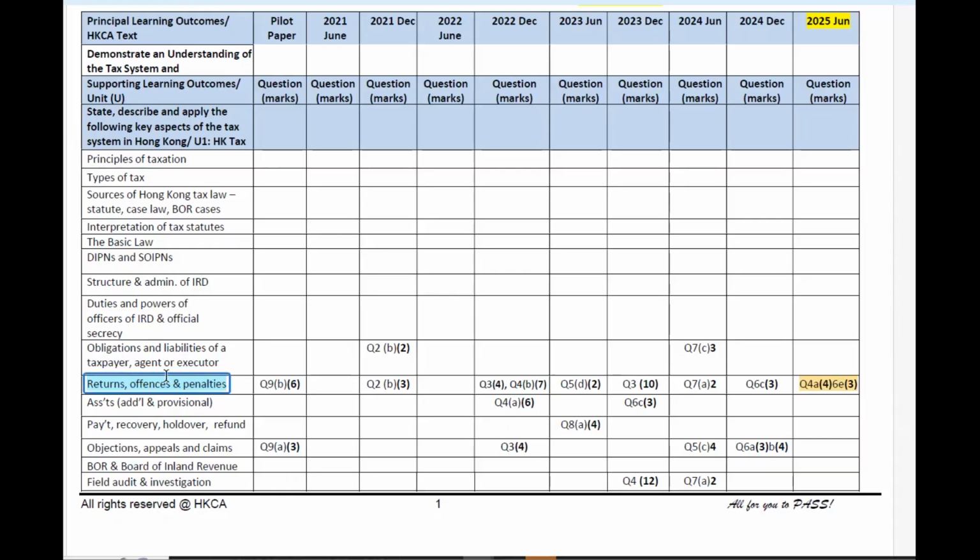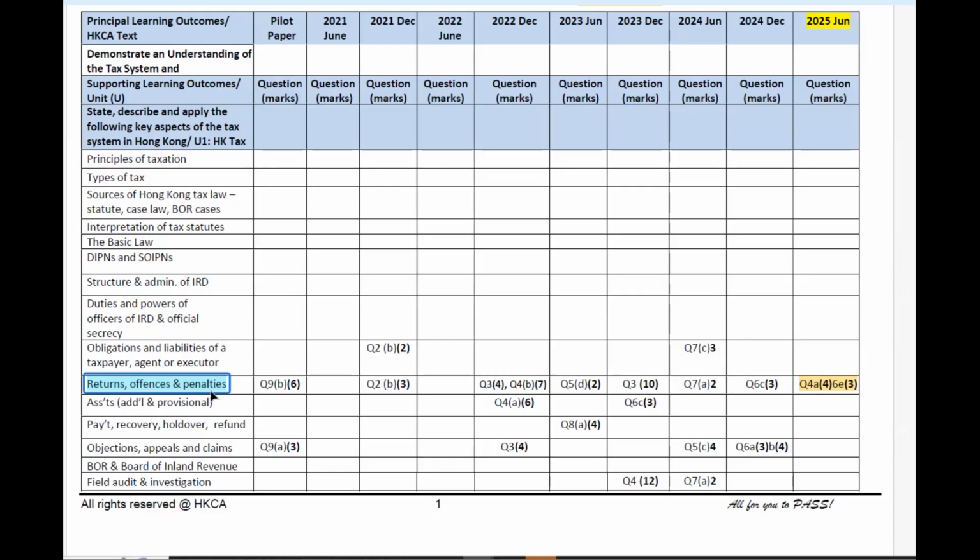Return is inside the mind map for administration. So that is related to obligation, or in technical words, compliance with the law. So you file the return, you keep the records, etc. Otherwise, with non-compliance, you have offense and penalties.